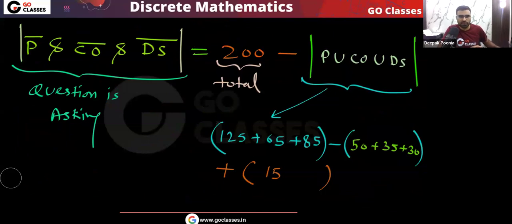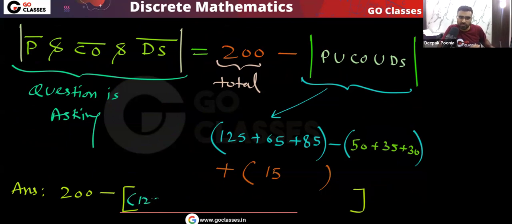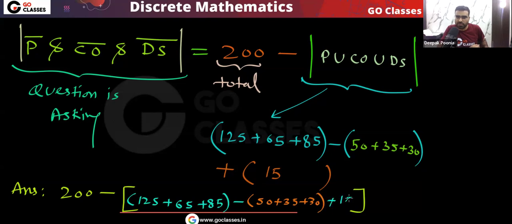The final answer is like this: from 200 you remove this value, that is 125 plus 65 plus 85 minus (50 plus 35 plus 30) plus 15. So that's it. This is the final answer.